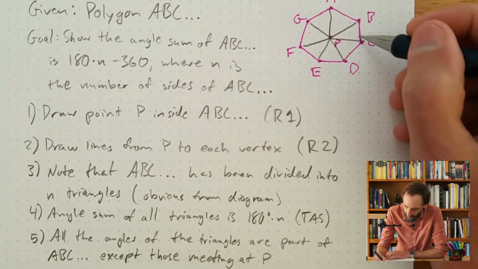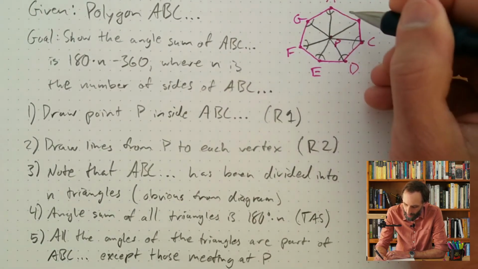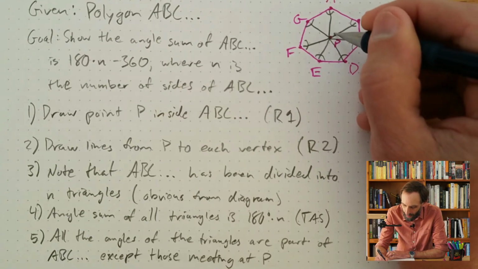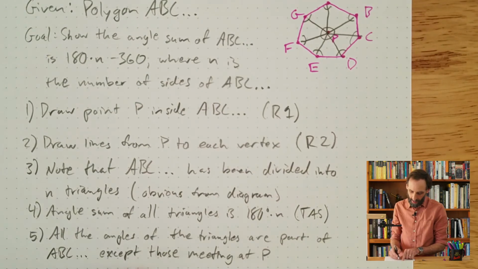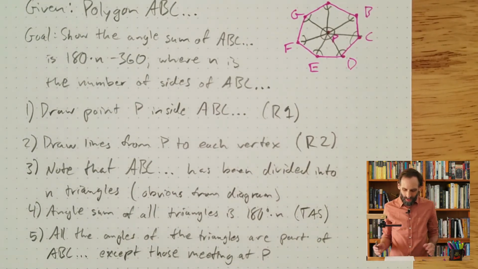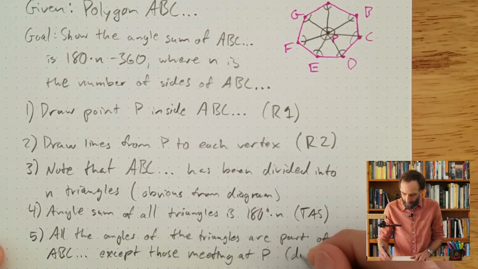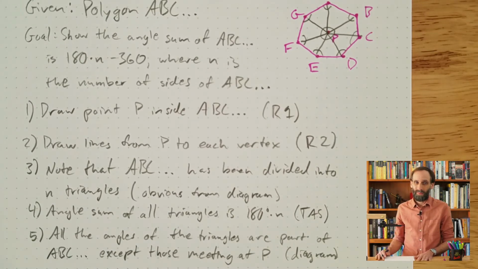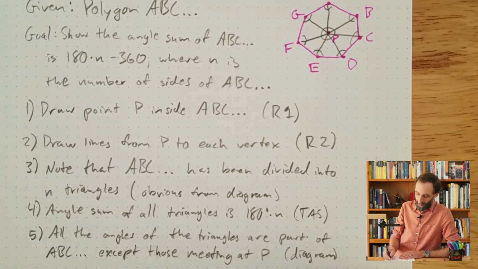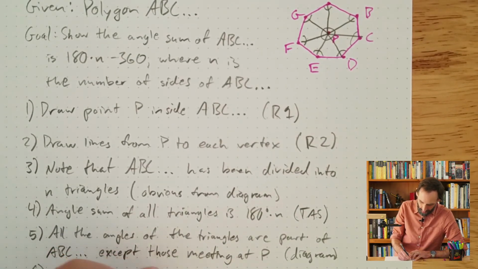And all of these angles out here are angles that are part of the original polygon, A, B, C, etc. But all these angles that meet at P are not part of the angles of the original polygon. That's why I say except those meeting at P. What is our justification here? Again, I guess obvious from the diagram. Up for possibly some debate here, but it seems clear based on the diagram.